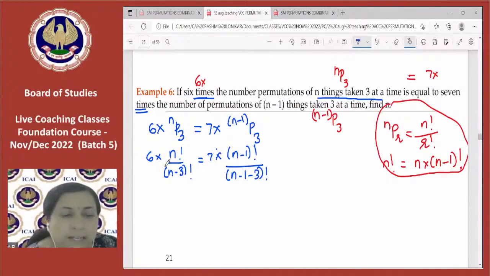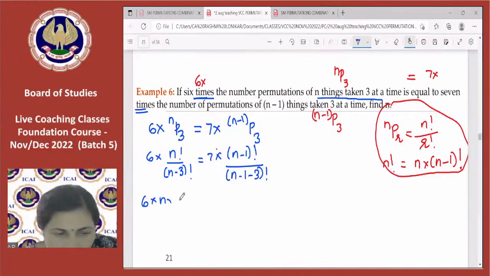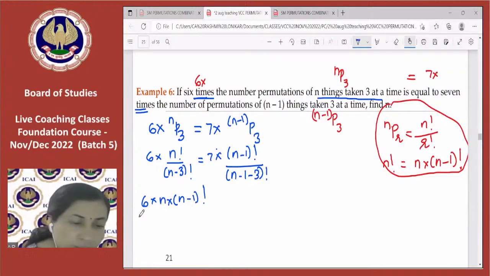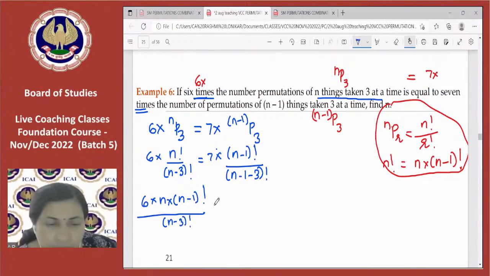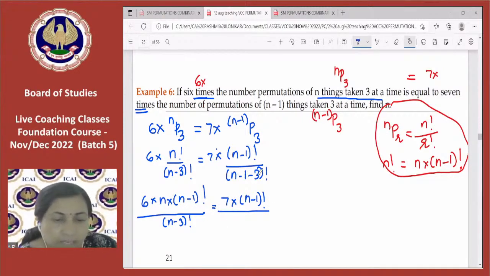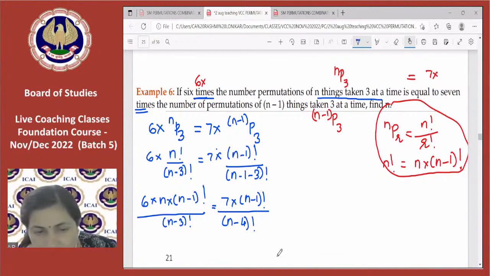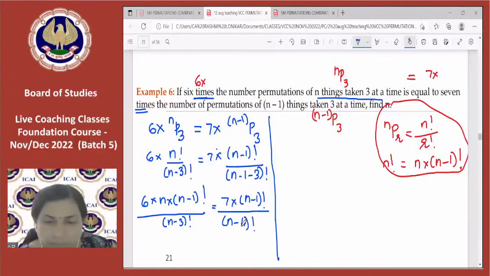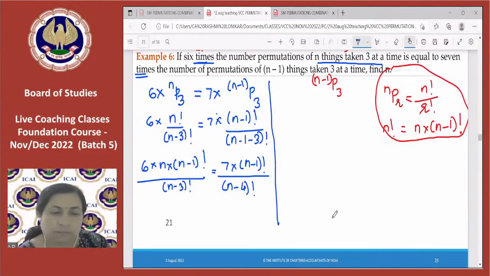Instead of n factorial, I am going to write 6 into n into (n minus 1) factorial upon (n minus 3) factorial, which is equal to 7 into (n minus 1) factorial upon (n minus 1 minus 3), so I get (n minus 4) factorial.